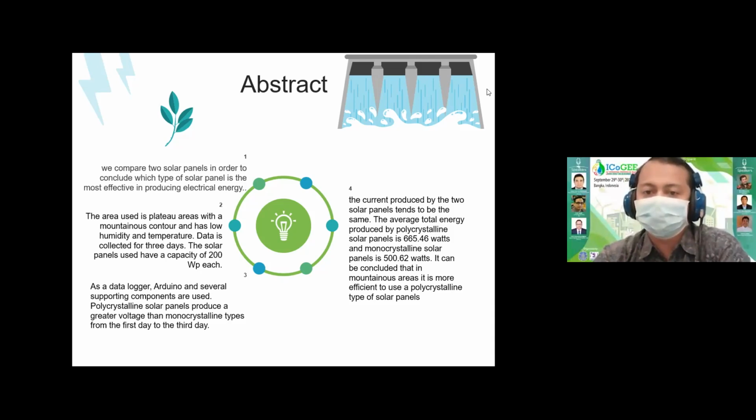The average total energy produced by the polycrystalline solar panel is 665.46 watts, and the monocrystalline solar panel is 500.62 watts. It can be concluded that in mountain areas it is more efficient to use the polycrystalline type of solar panel.